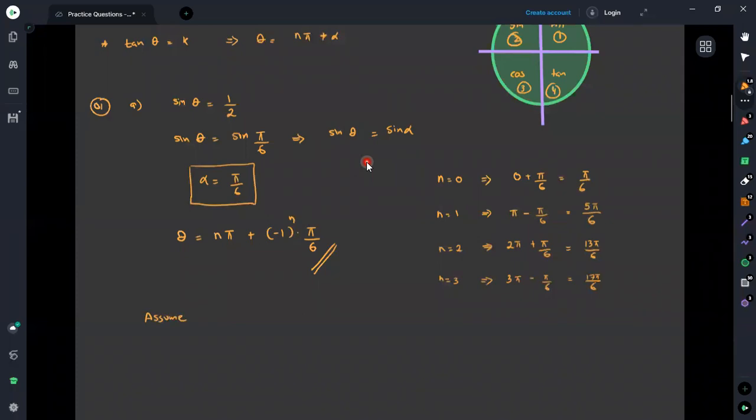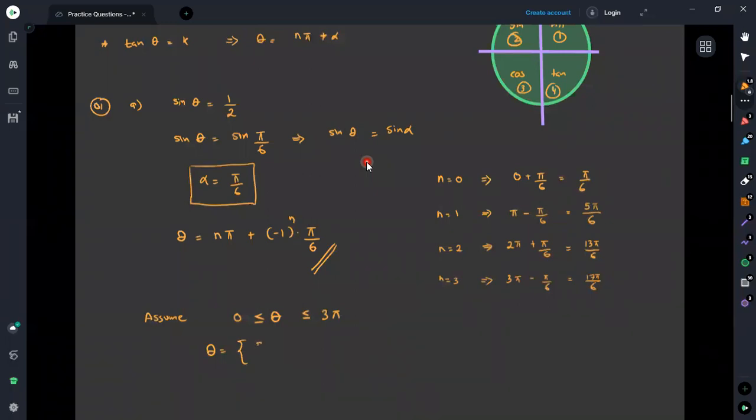Assume that this condition is provided for us: theta is greater than or equal to 0 and less than or equal to 3π. Suppose it is like this, and it is asked to find all the possible values, then we can find the possible values of theta in this region.